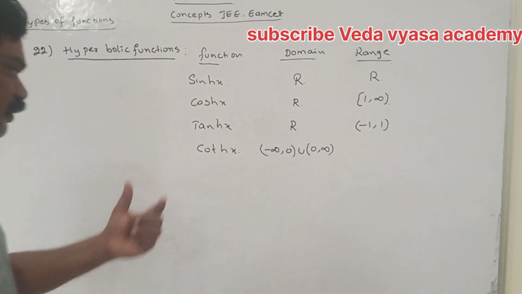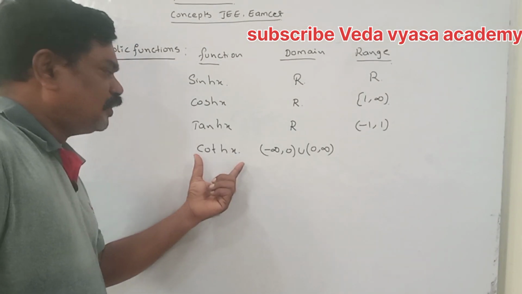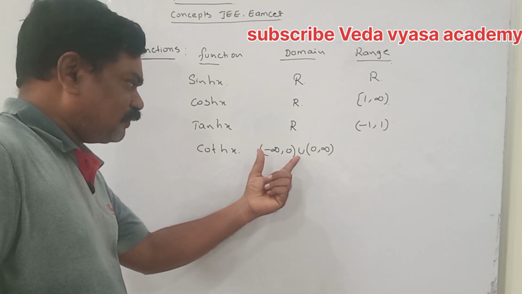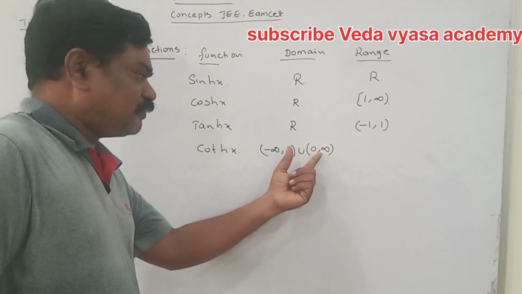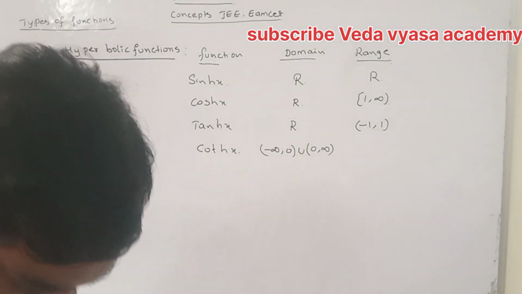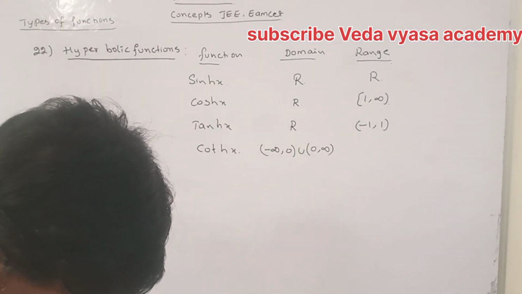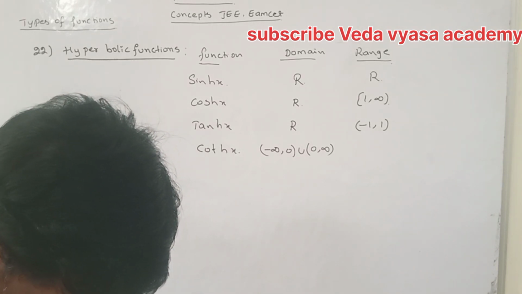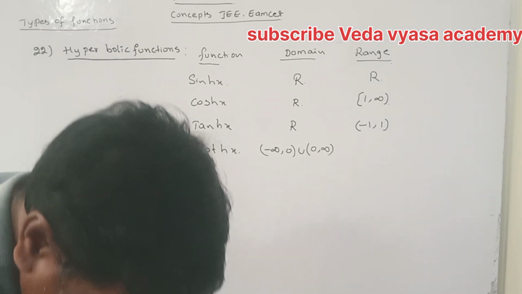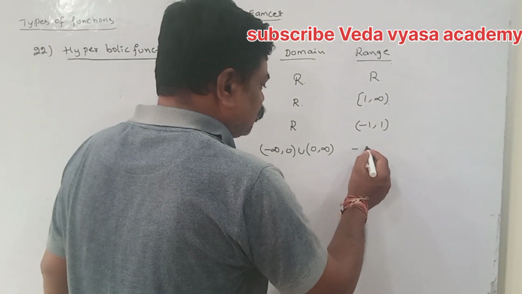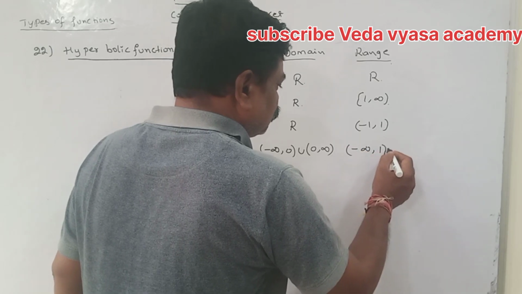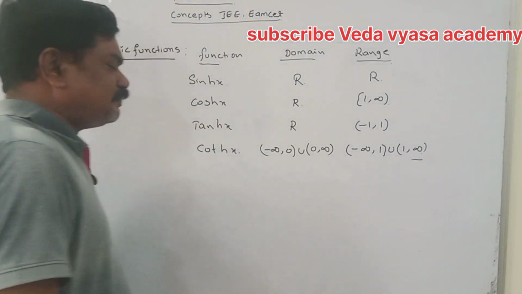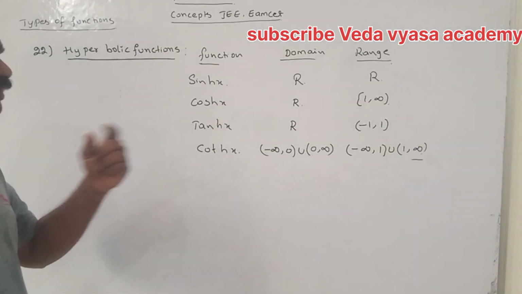And the range of the cot hyperbolic function is minus infinity to 1 union 1 to plus infinity.